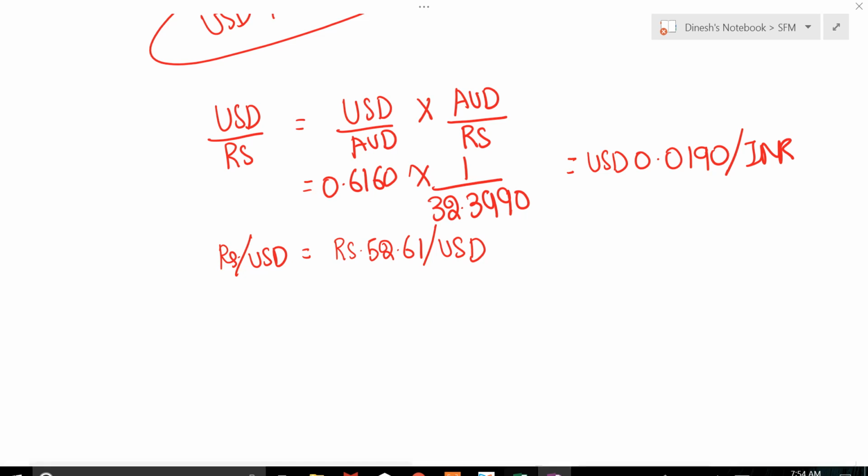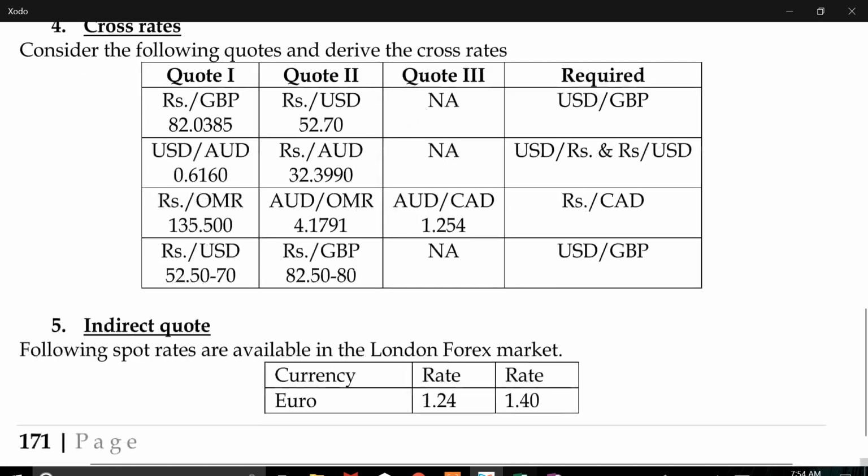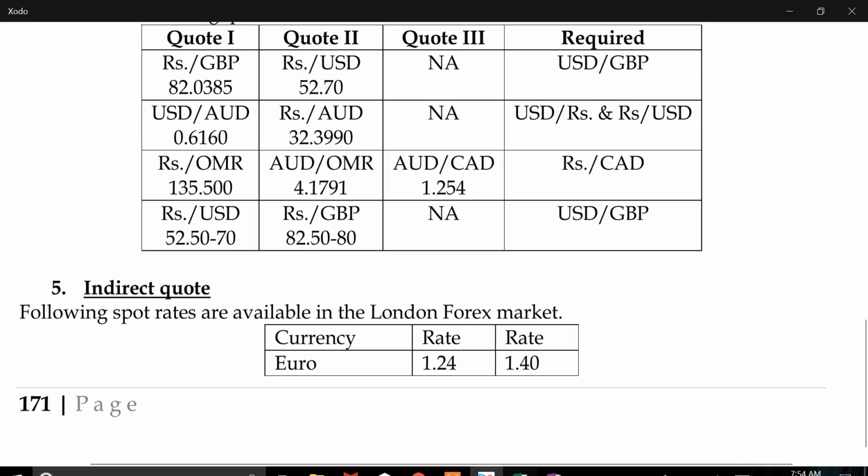Here I have done 4 decimals; as you increase to 5, 6, 7, 8, your answer may undergo a change. Okay, any doubts till now?